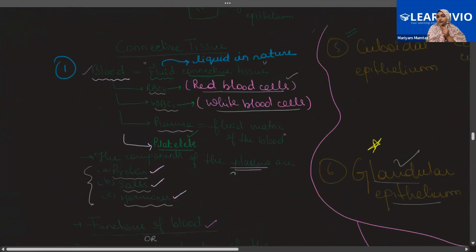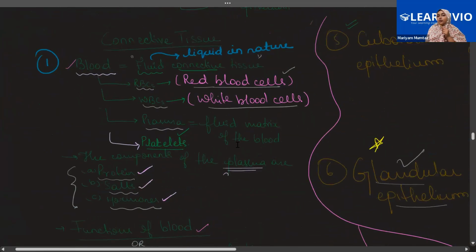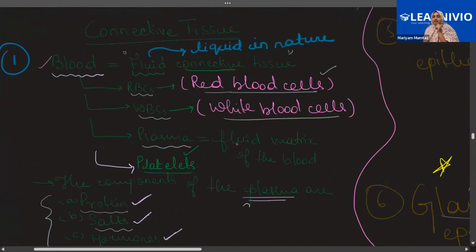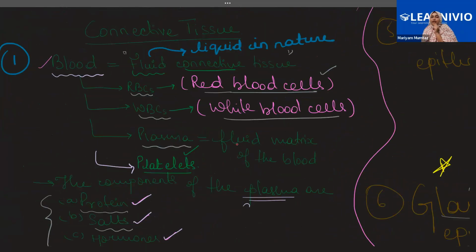You already know that blood is the only fluid connective tissue. Fluid means it is a liquid kind of tissue, present almost everywhere in our body, right? Blood is almost everywhere.